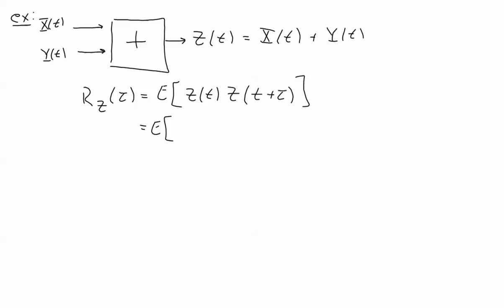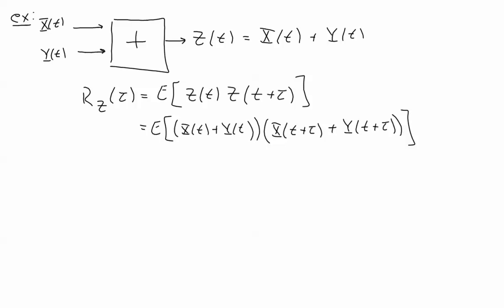This will be the autocorrelation of z, so just plug in what z and z of t plus tau look like. Z is just x plus y, and z of t plus tau is x of t plus tau plus y of t plus tau.